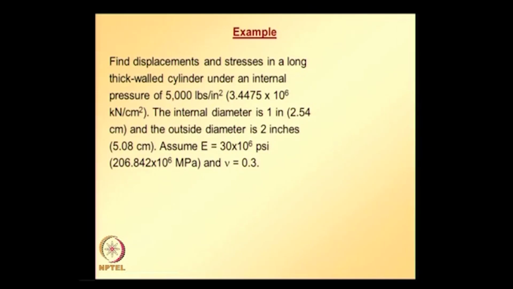So, this is the problem statement: find displacements and stresses in a long thick cylinder under an internal pressure. The value is given, along with the internal diameter, outside diameter, and also material property details, both in FPS units and SI units.